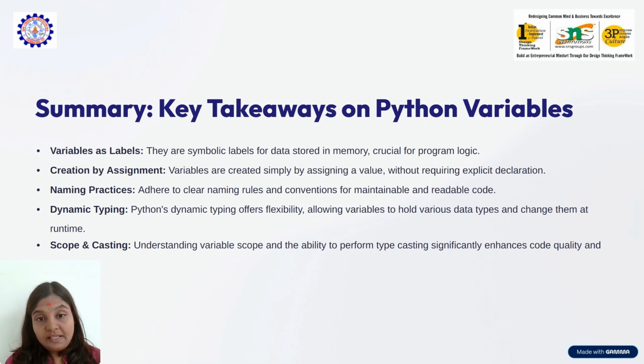Python's dynamic typing offers flexibility, allowing variables to hold various data types and change them at runtime. Scope and casting: understanding variable scope and the ability to perform typecasting significantly enhances code quality and robustness.